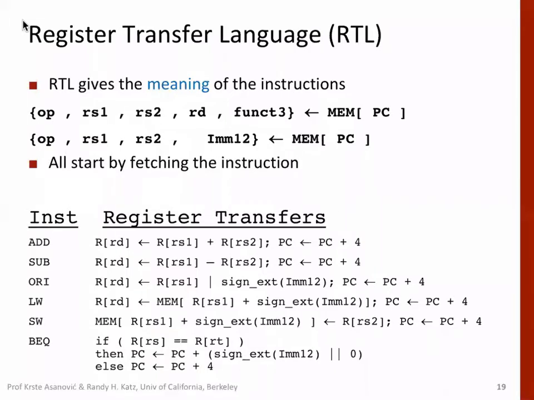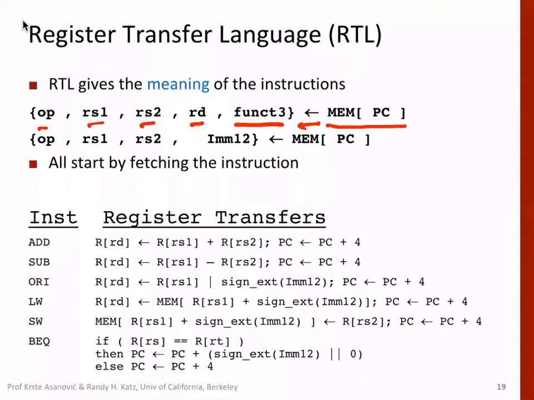So for example, this statement here says that the memory at the location pointed to by PC is nothing but an instruction, which has an opcode field, RS1 field, RS2 field, RD field, and funct3 field.